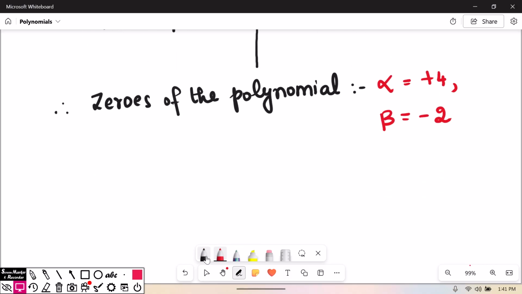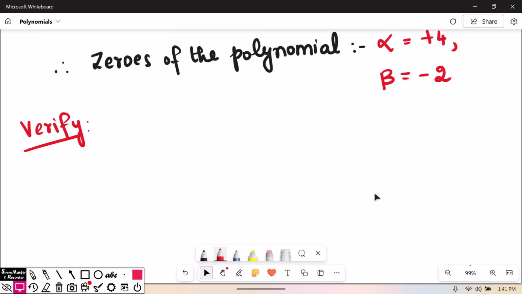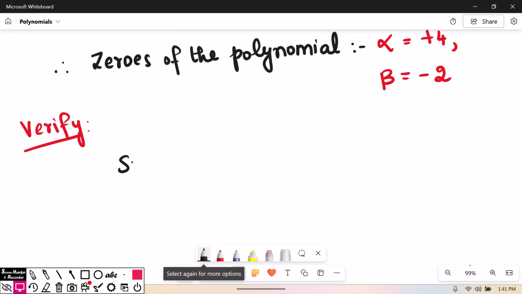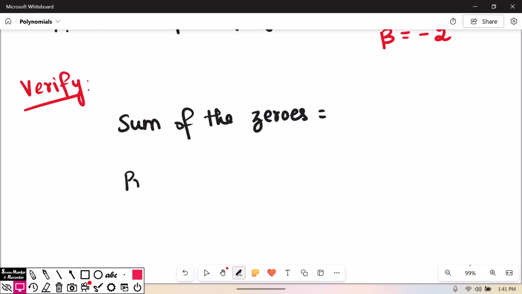Now we're not done with the problem. They've also told us to verify. So how are we going to verify? We'll first calculate the sum of the zeros as well as the product of the zeros. How do we find them?